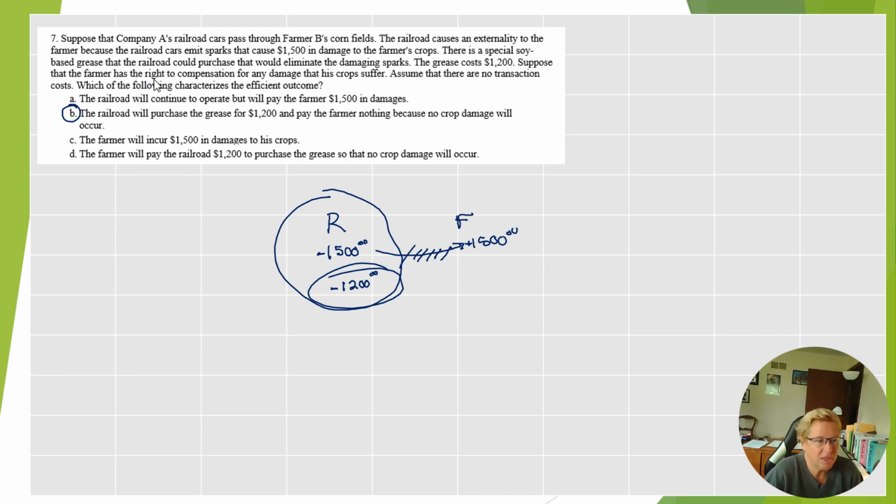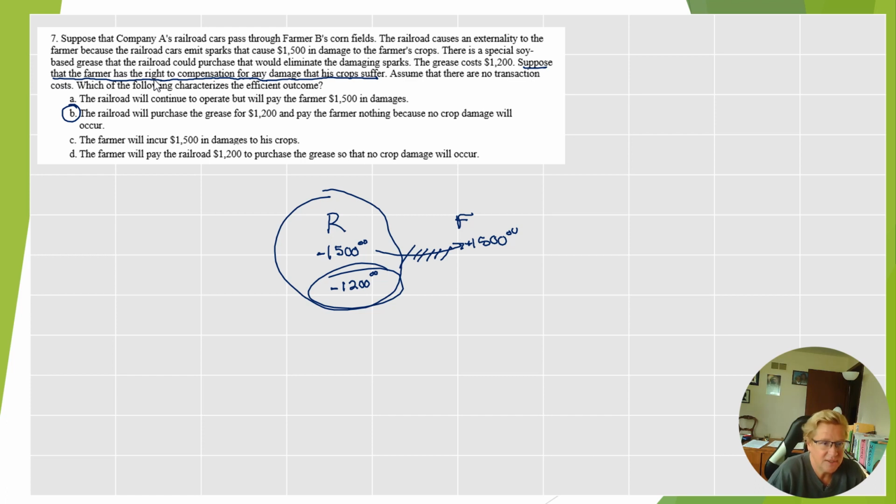A farmer will pay the railroad $1,200 to purchase grease. Now, some people might say, if you're using the Coase theorem, you might have gone with this one. But here's why B is a better answer than D. Suppose that the farmer has the right to compensation, and that the railroad cars have the right to be there.